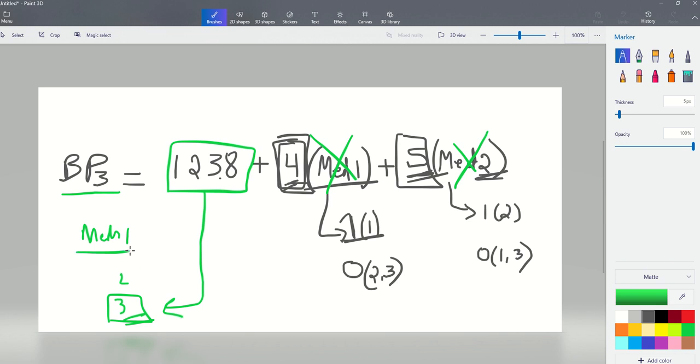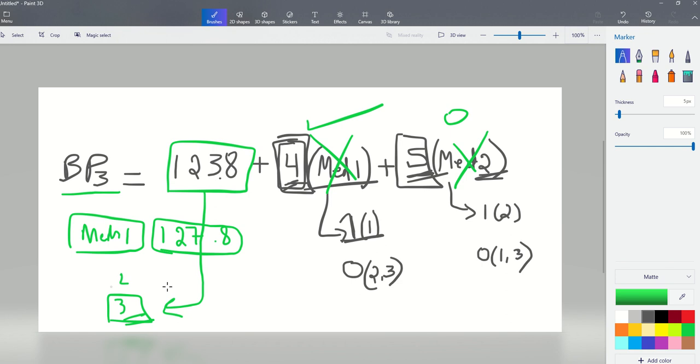For med 1, that person gets a 1 here and a 0 there, and therefore their estimated blood pressure becomes 123.8 plus 4. Therefore 127.8 is the estimated blood pressure for patients on med 1.